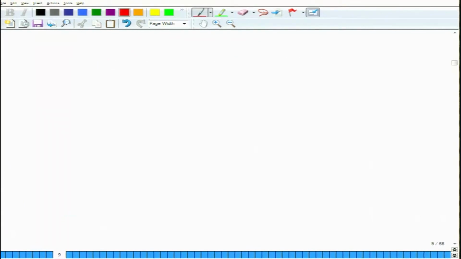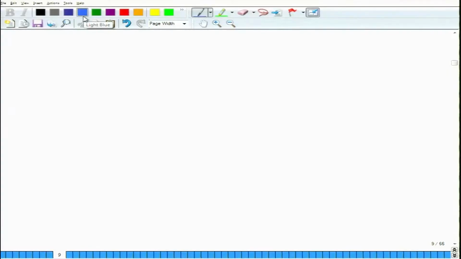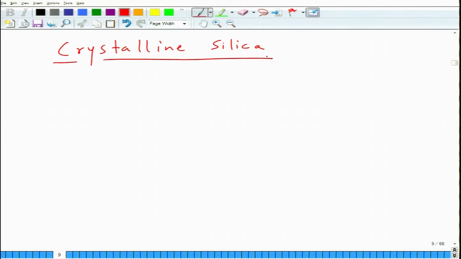However, silica does make crystalline structure. So, let us first look at the crystalline silica structure and then we look at the other forms of silica structures. The first thing is, if you cool it slowly enough and if you achieve the right conditions, it will make a structure which is, so what you have here is a silicon tetrahedron like that.